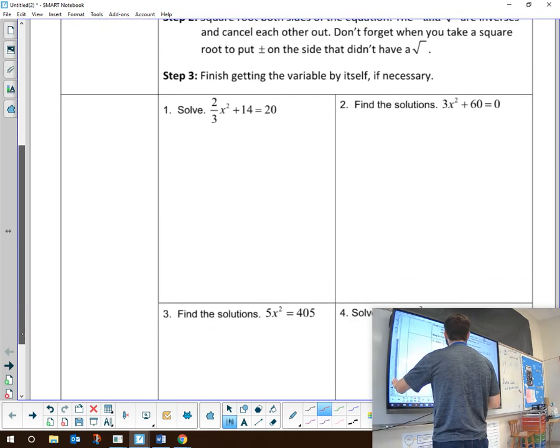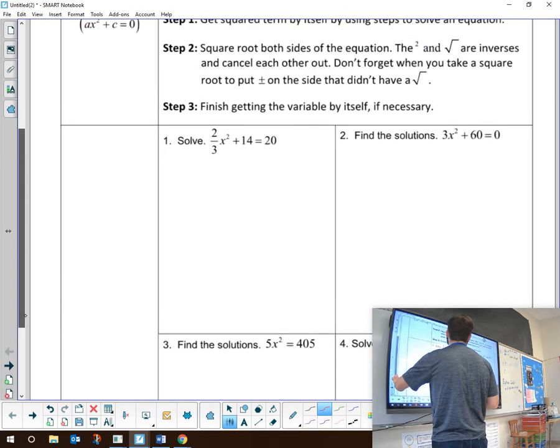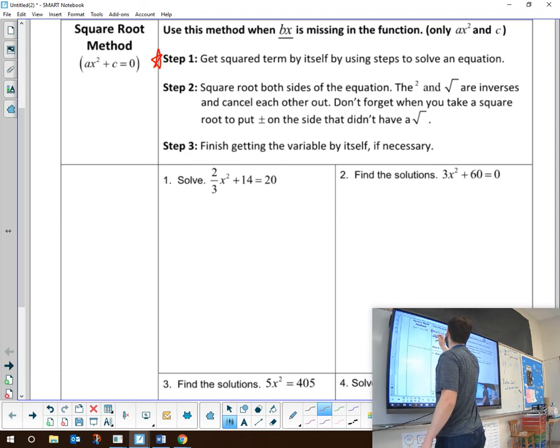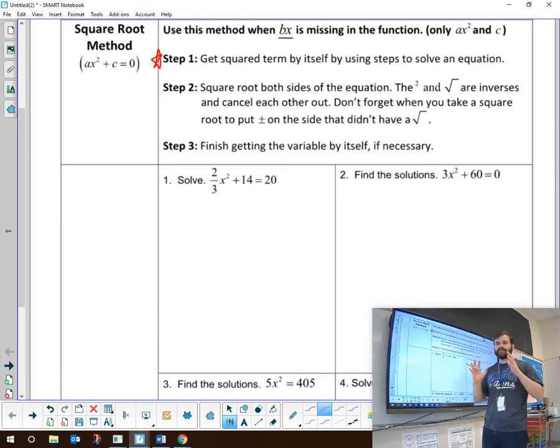To solve using the square root method, here are our steps. Step 1, we're going to get the squared term by itself. If it's the parentheses, we're going to get the squared parentheses by itself. If it's the variable, we're going to get that by itself. Step 2, we're going to square root both sides of the equation.